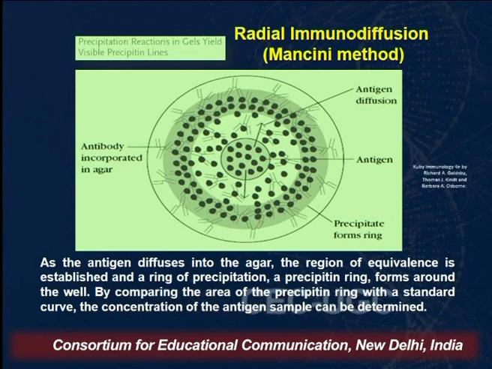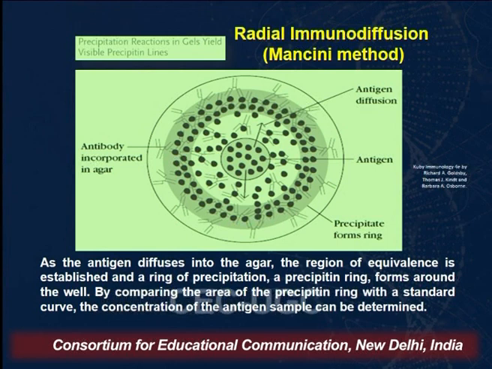As the antigen diffuses in the agar plate, in the region of equivalence, where the antigen-antibody interaction is optimum, a precipitin ring is formed. By comparing the area of this precipitin ring with the standard curve, we can tell the concentration of the antigen present in that sample.